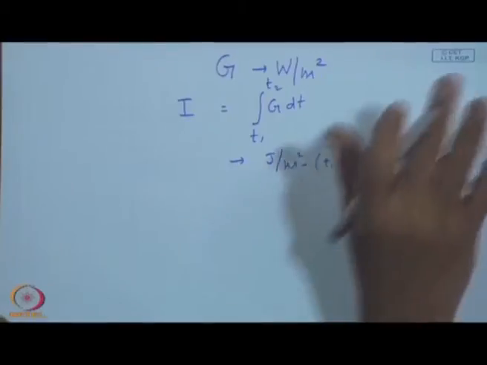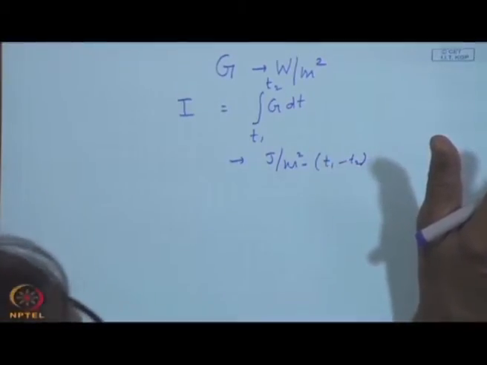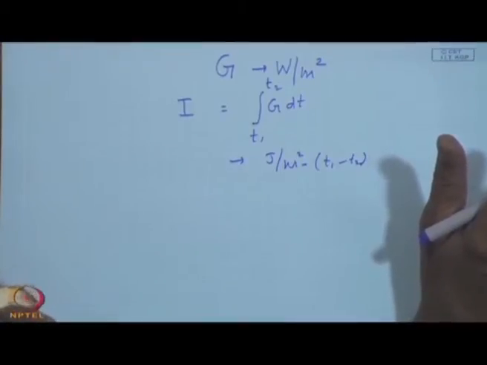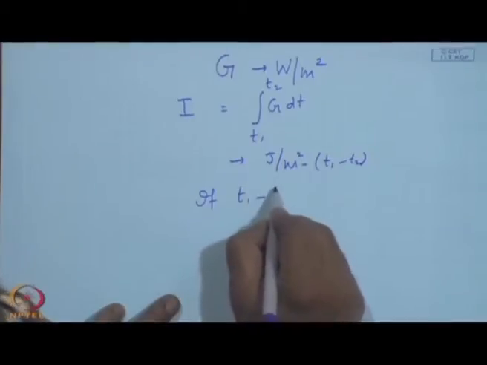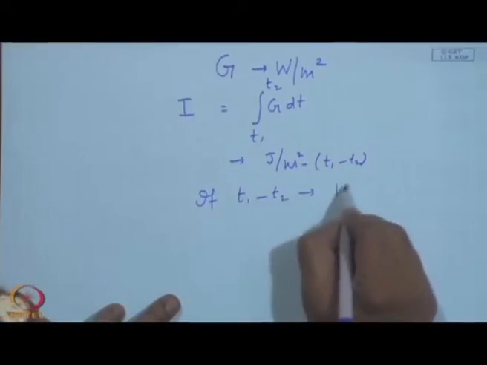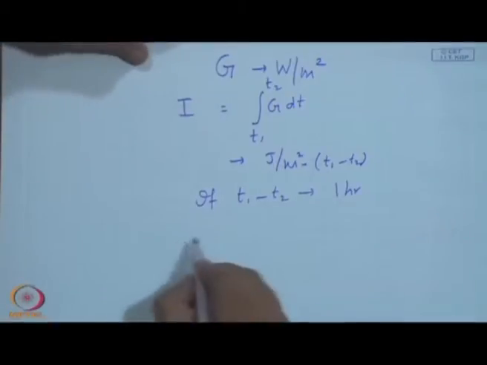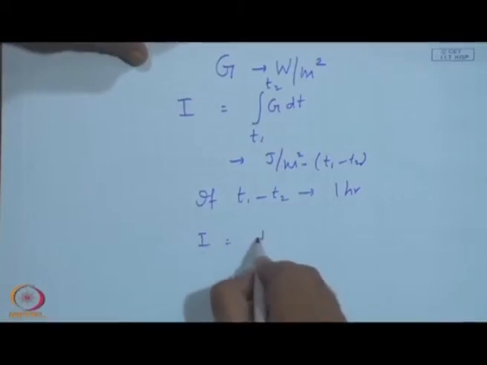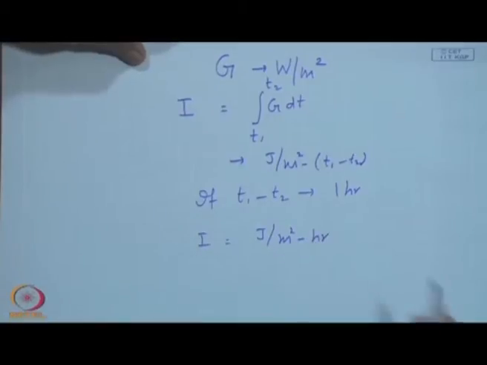That means, so many joules of energy is collected in the time interval between T 1 and T 2. If T 1 minus T 2 is 1 hour, typically available value in the data, then I will have joules per meter square hyphen hour.